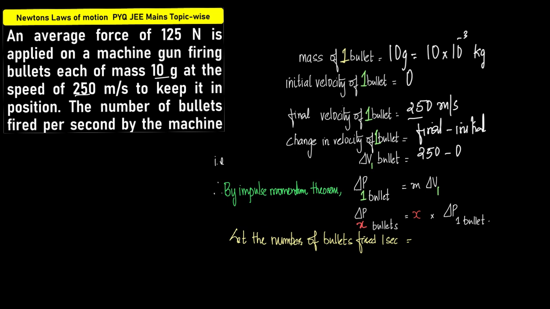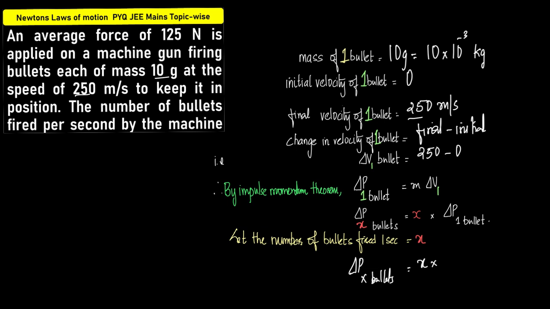Now let us assume that the number of bullets fired in 1 second be x. In which case, delta P of x bullets will be equal to x into delta P of one bullet.